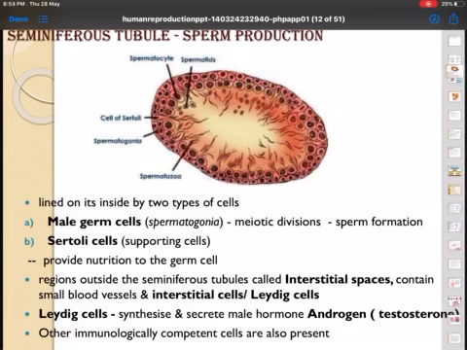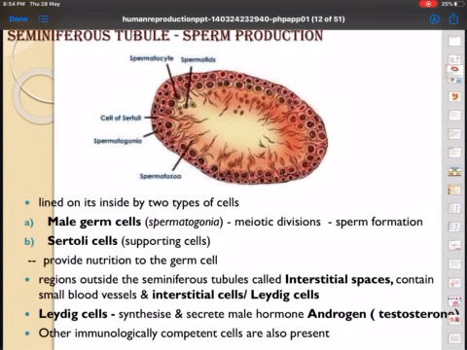Inside the seminiferous tubule the sperm production takes place, and you can see the different cells, namely spermatozoa, spermatocyte, spermatids, and of course Sertoli cells and spermatogonia.